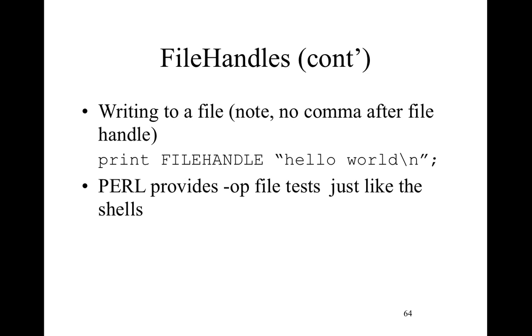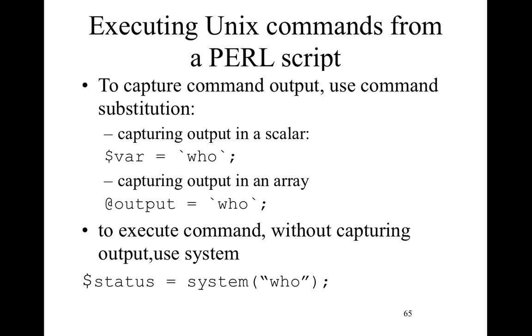Hello world. So Perl provides a -op file test, just like the shells. Test a file, make sure it exists first before you start writing to it. Otherwise, you're going to write to a file that doesn't exist or have a problem.